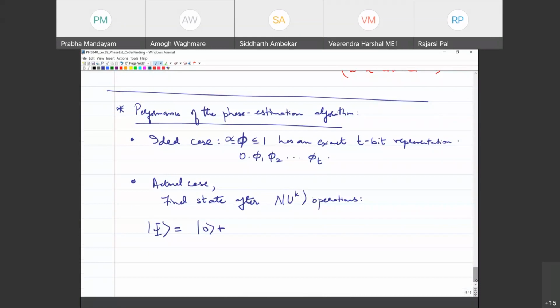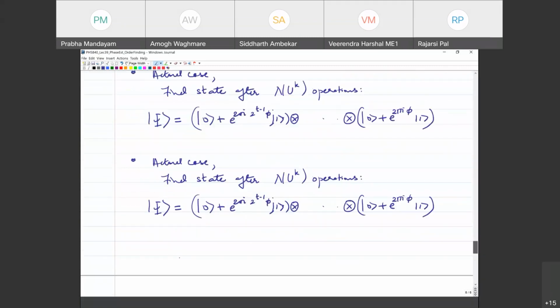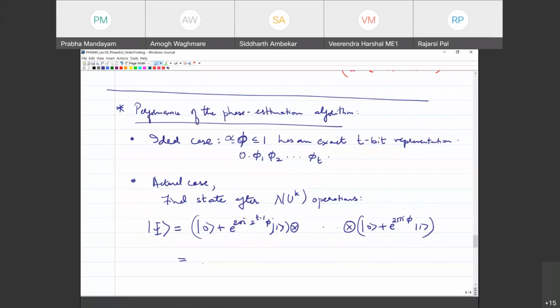So here this is e to the 2 pi i 2 to the t minus 1 phi, etc. This is the tensor product form. Now I can write it again as a superposition of all the computational basis states of the t qubit system.